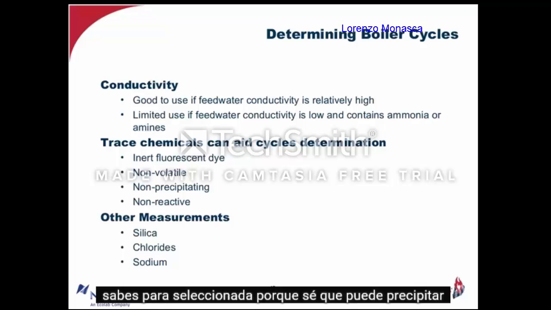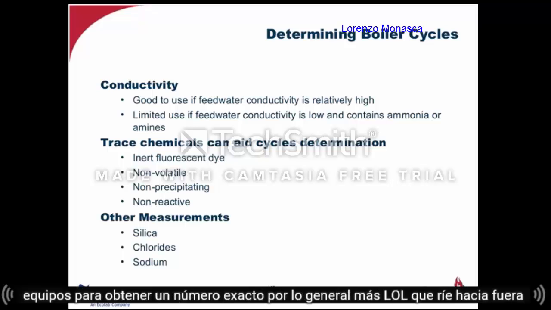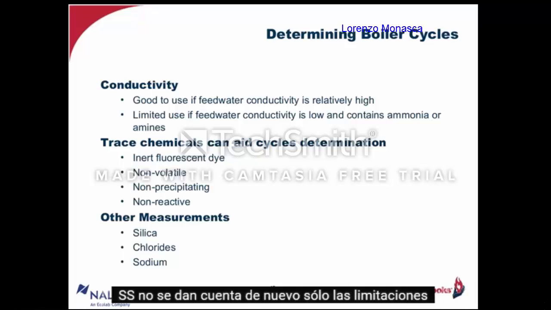I'm kind of on the fence with silica because I know it can precipitate. Some people use chlorides. That's kind of a hard test to run. And some people will actually use sodium, but that requires fairly sophisticated equipment to get an accurate number, usually more of a lab analysis. So again, just realize the limitations with cycles determination.